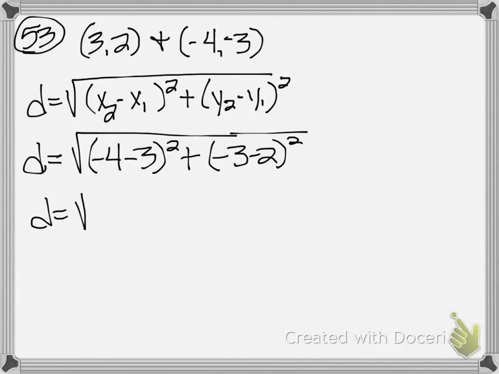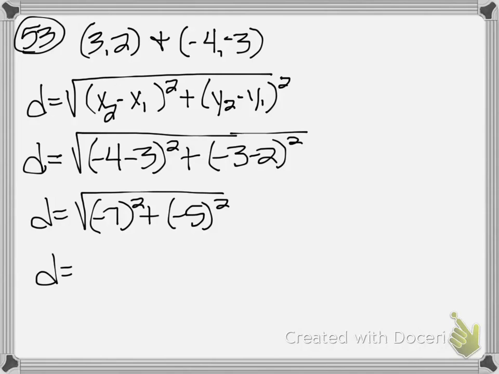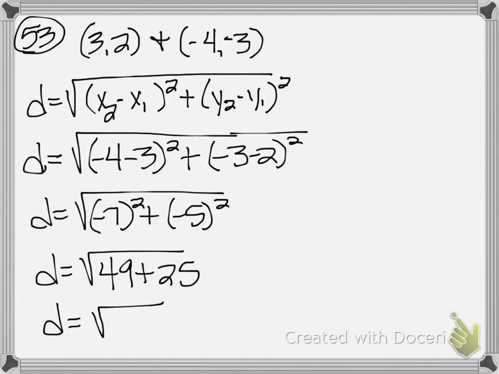So now I have negative 4 minus 3, that's negative 7 squared. Negative 3 minus 2, that's negative 5 squared. So distance is 49 plus 25, so distance is going to be the square root of 74.